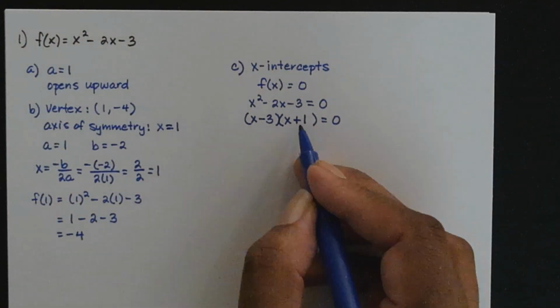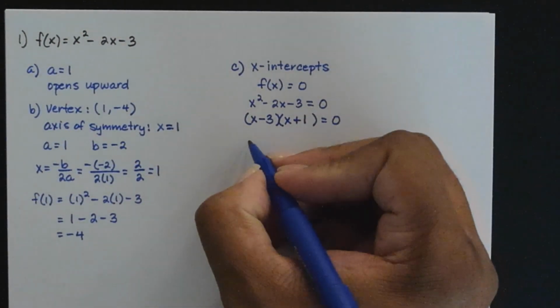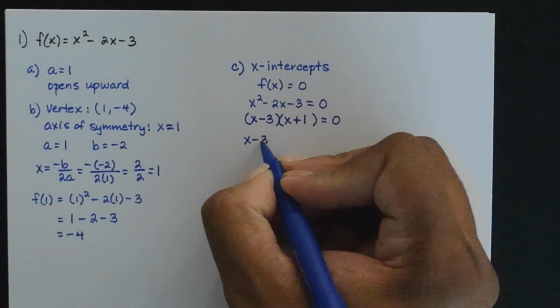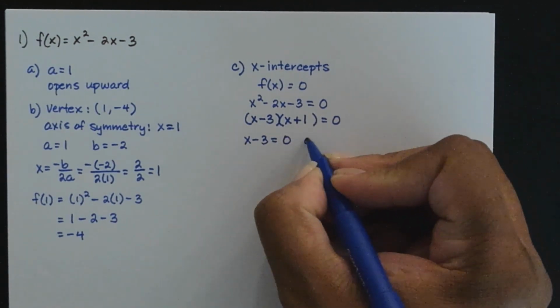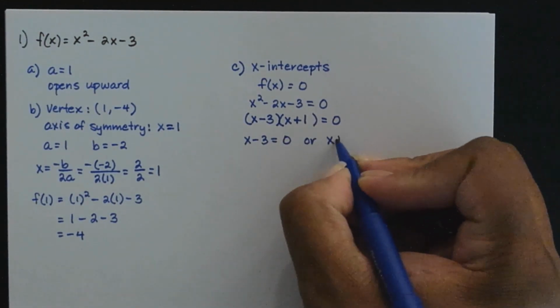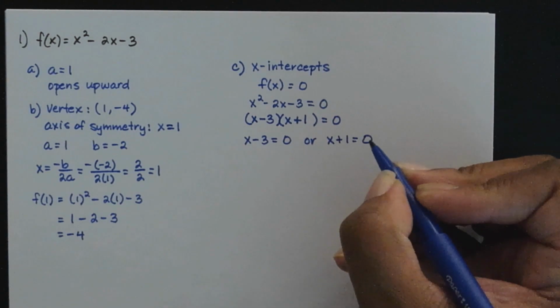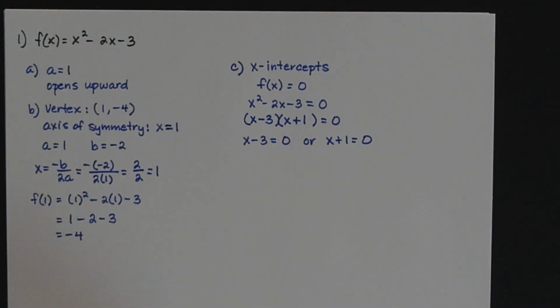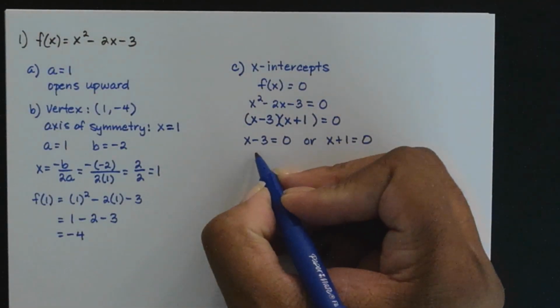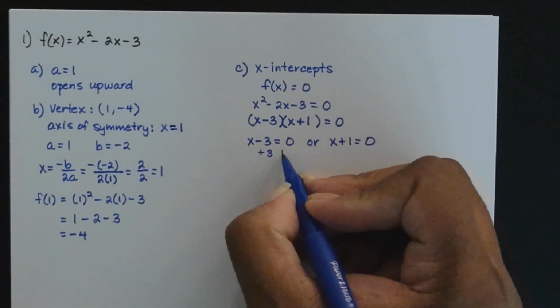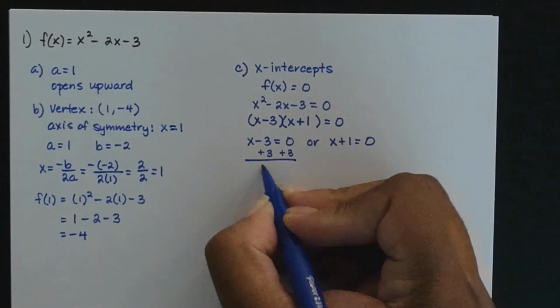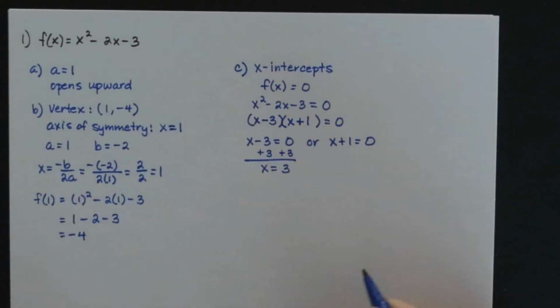And then we set each binomial factor equal to 0 and solve. So that means I have x minus 3 is equal to 0, or x plus 1 is equal to 0. And then we solve each equation for x. So for x minus 3 equal to 0, x is equal to 3.